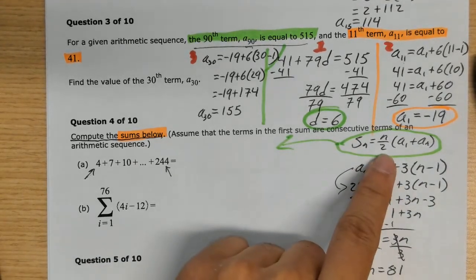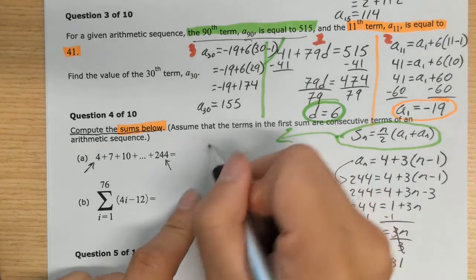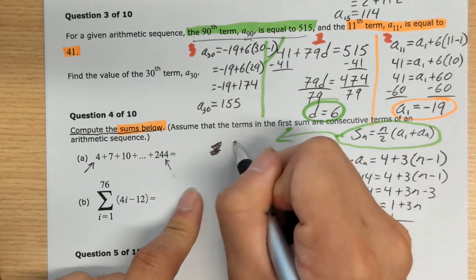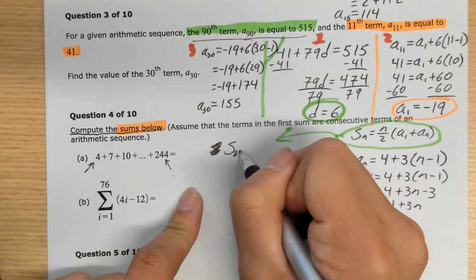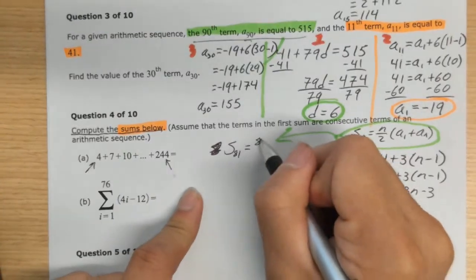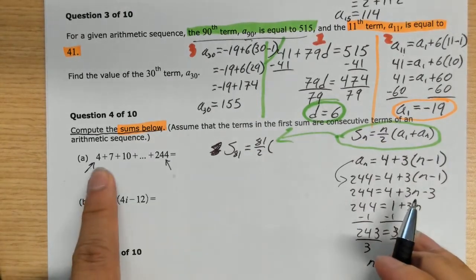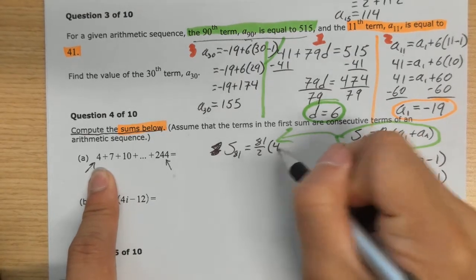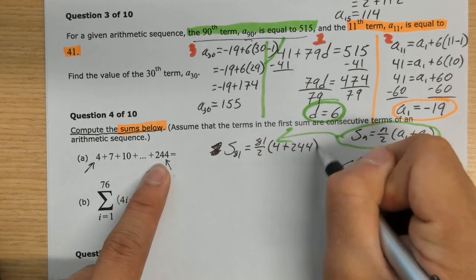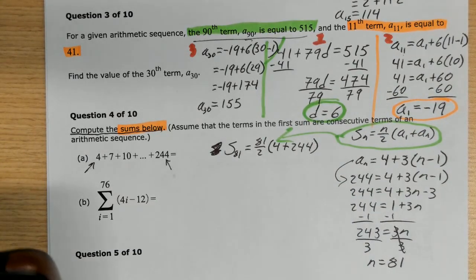I know n is now 81, and I'm adding up to the 81st term, so S sub 81 will equal 81 divided by 2 times the first term, which is 4, plus 244, which is the last term. And there you go. Any questions on this so far?